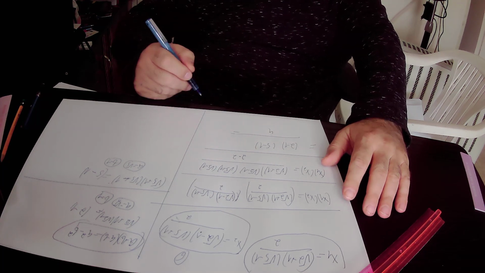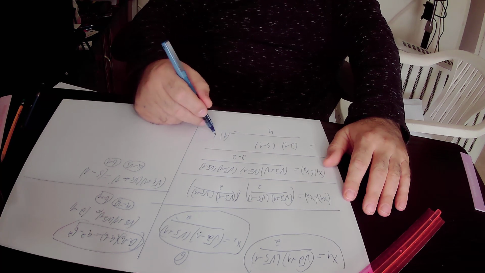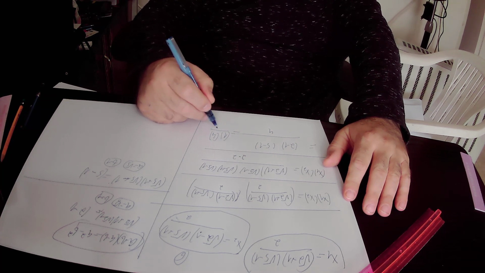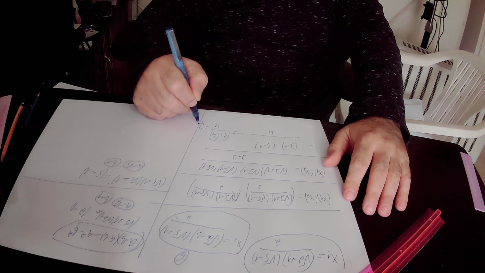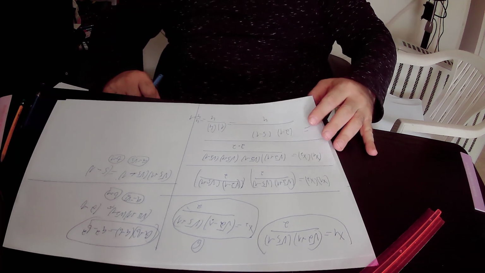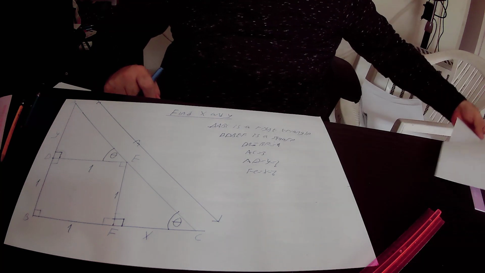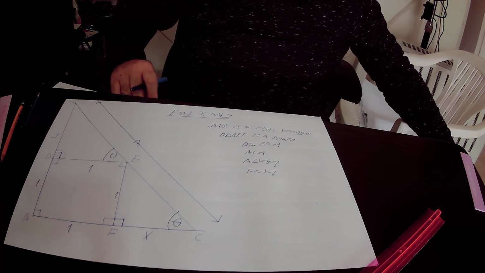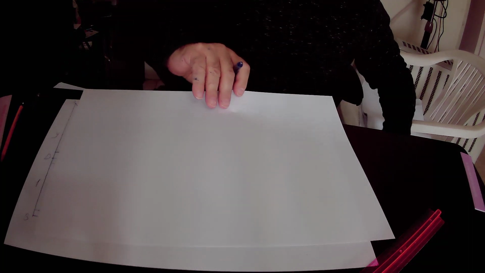So here 2 minus 1 is 1, 5 minus 1 is 4 over 4. 1 times 4 is 4, and 4 over 4 is 1. So we actually found out that x1 times x2 equals 1.